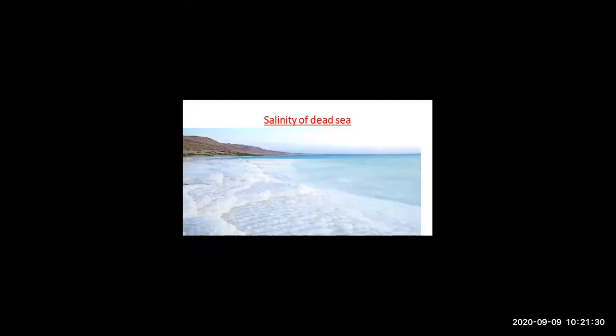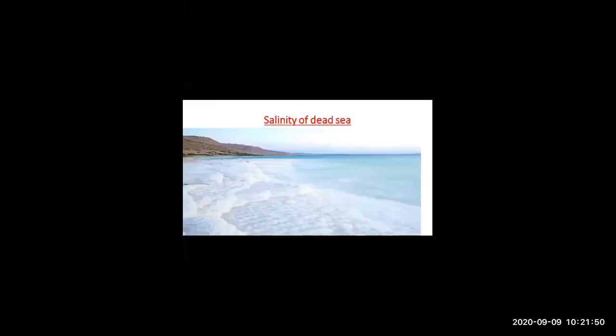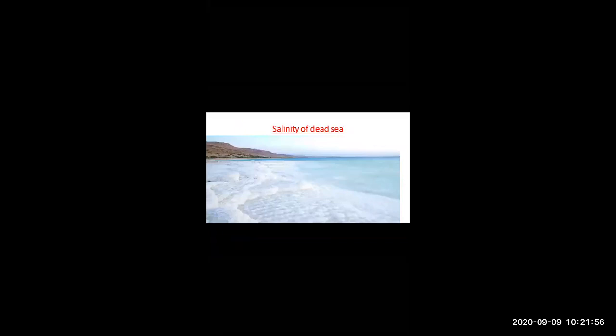The Jordan is a large river which meets the Dead Sea. The salinity is 332%, while the average salinity of the ocean is 35%. Because of the higher salinity, no living organism can survive there, like fishes or any kind of trees.